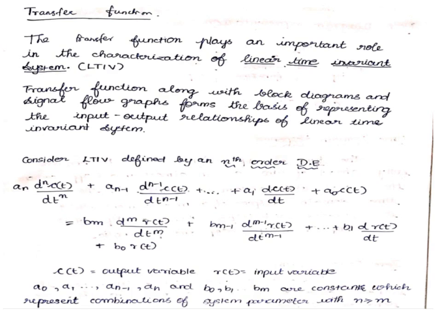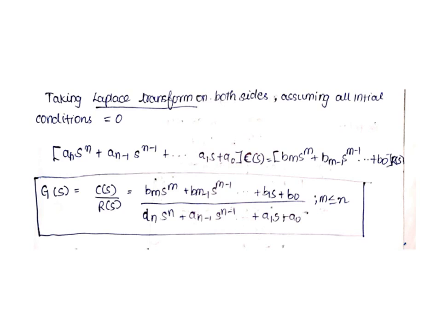So c of t is going to be the output variable and r of t is going to be the input variable. a naught, a1 up to a n and b naught, b1 up to b m are constants, which represent the combination of system parameters.